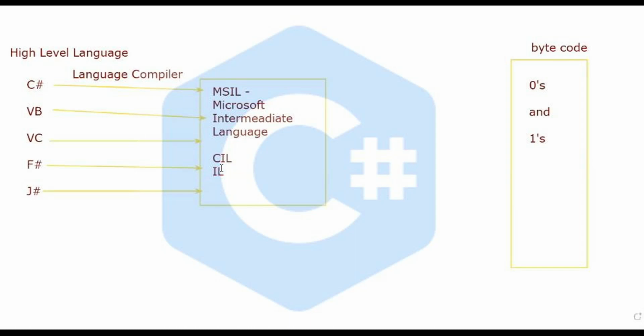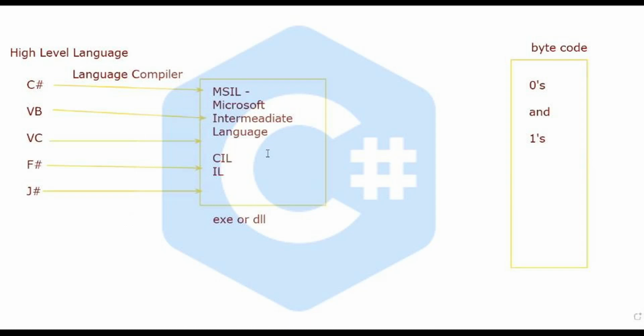Then this IL code will generate either an exe or a DLL, an executable file or dynamic link library. When the program is successfully compiled, it generates IL code that we can see in our system folder. So compilation is done.